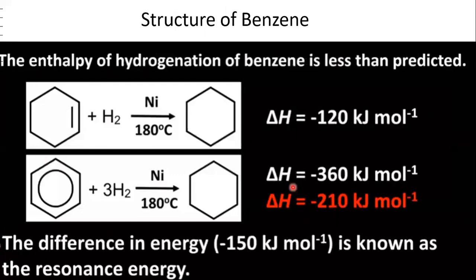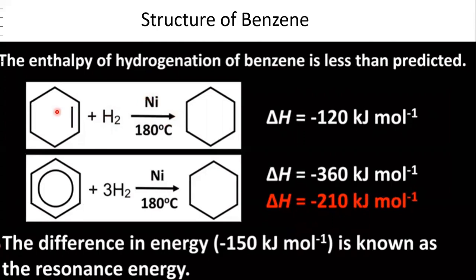Second point, we will focus on the enthalpy of hydrogenation of benzene being less than predicted. Now here we can see the reaction of cyclohexene. This is the structure of cyclohexene with H2. As this is a hydrogenation, it requires a catalyst.